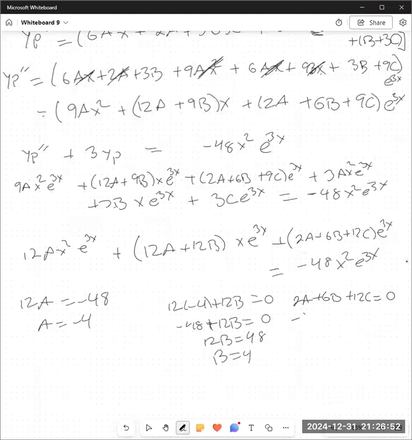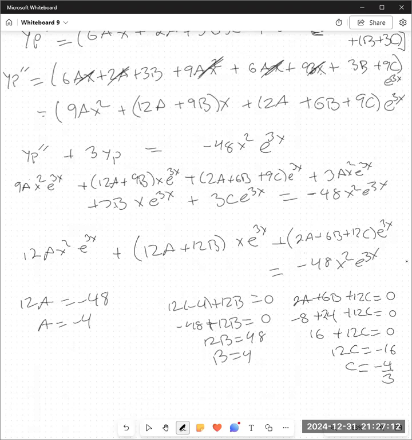A is negative 4, so that's negative 8 plus 6 times 4, that's 24, plus 12c equals 0. 16 plus 12c equals 0, so 12c equals negative 16, and c is equal to negative 4/3.